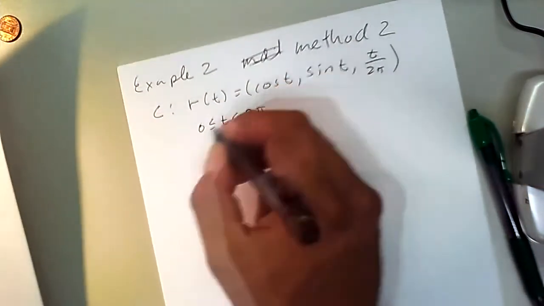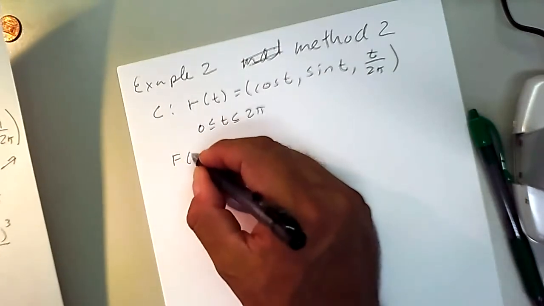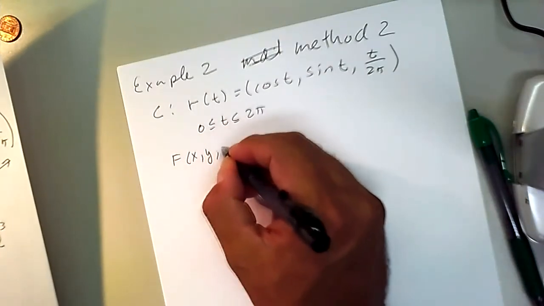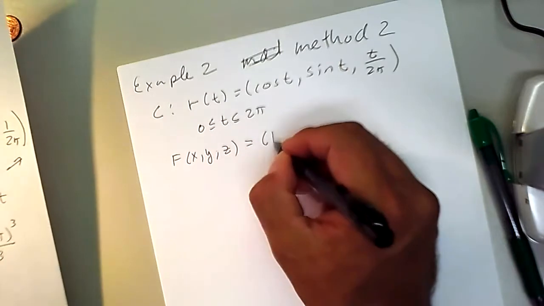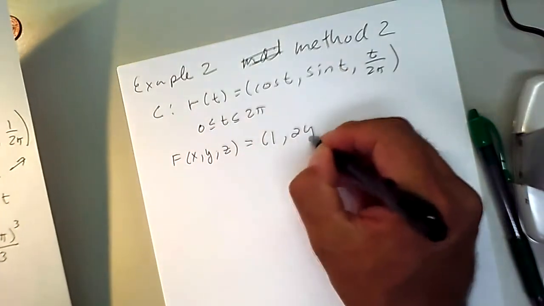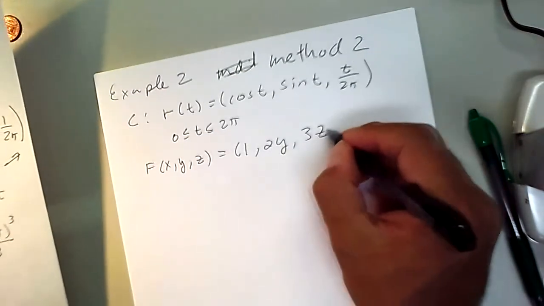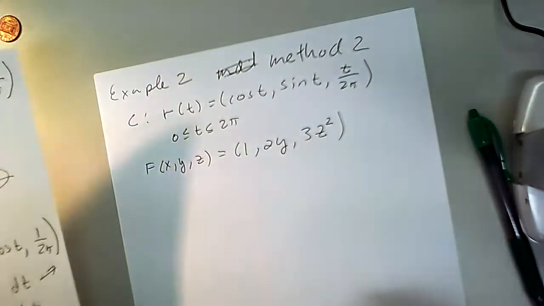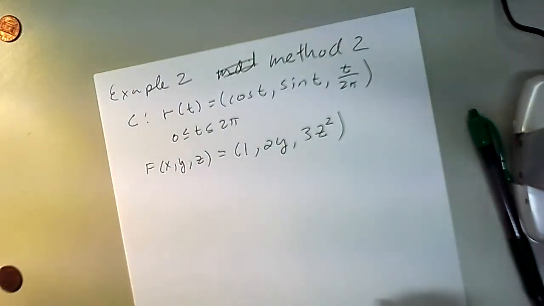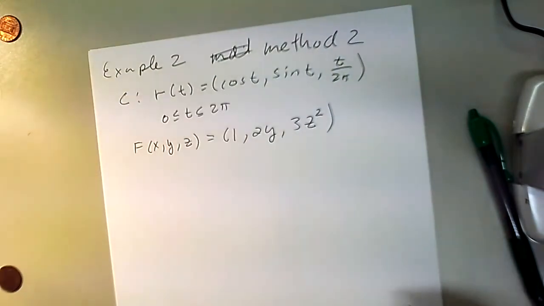And then the vector field has 3 components: 1, 2y, 3z squared. Okay, so now we've got the second method, which is by using the fundamental theorem of line integrals.